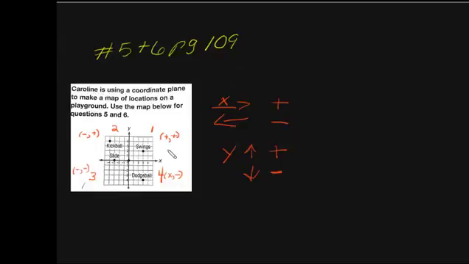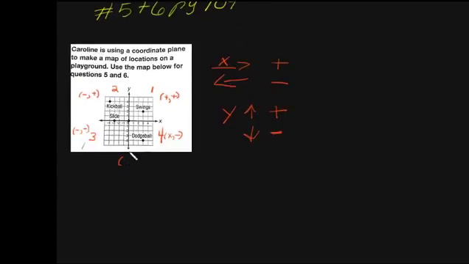The problem is number 5: what are the coordinates of the kickball field? When we start to find these, we always start at our origin, which is here. The coordinates of your origin are always 0, 0. So you're starting here, and we need to move along our x-axis first, and it's to the left.